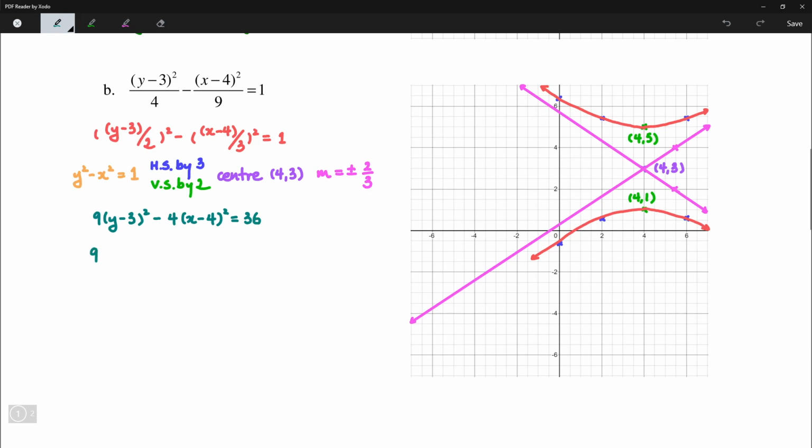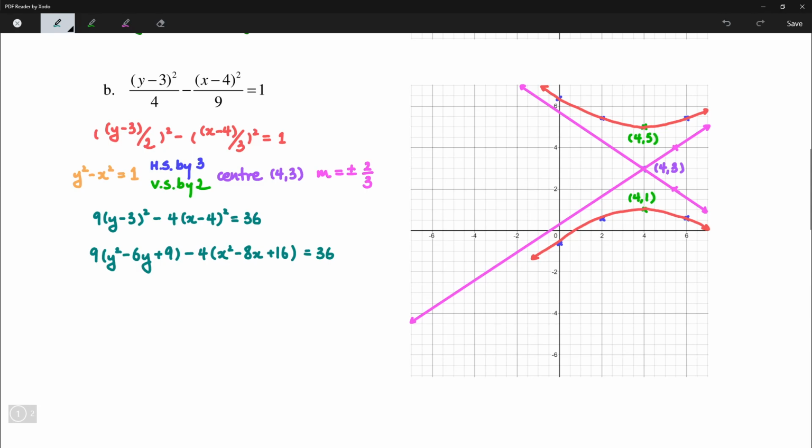After that, we're going to expand the square once again, just like the previous example. So minus 4 times x squared minus 8x plus 16 equals 36 on the right-hand side.